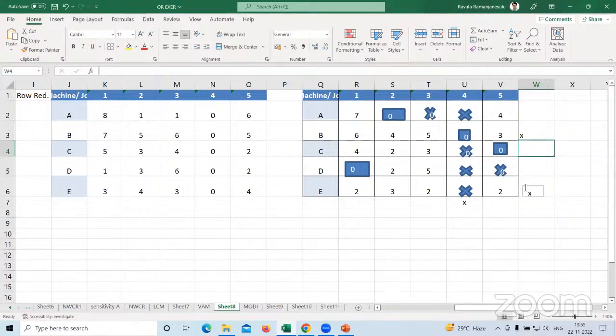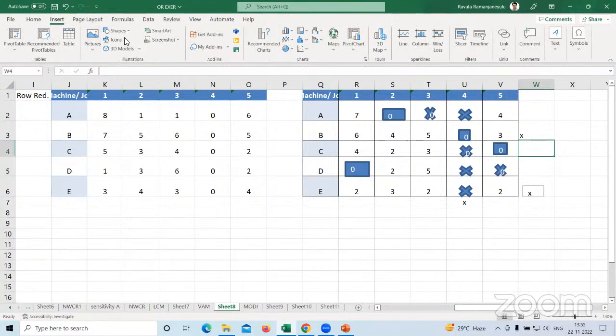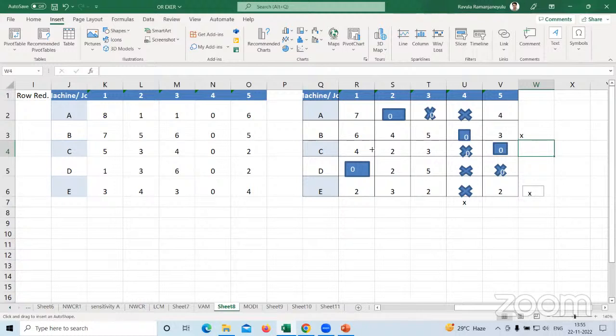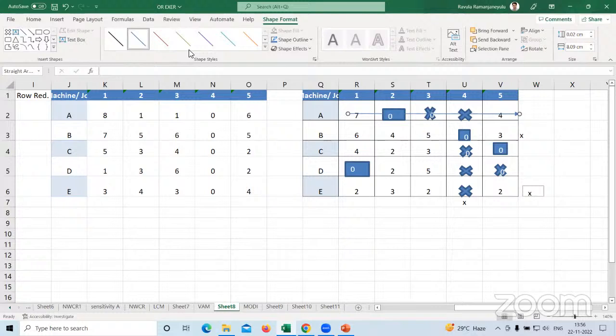After this tick mark, what we need to do is draw lines: wherever we are not having a tick mark, you draw a line row wise.